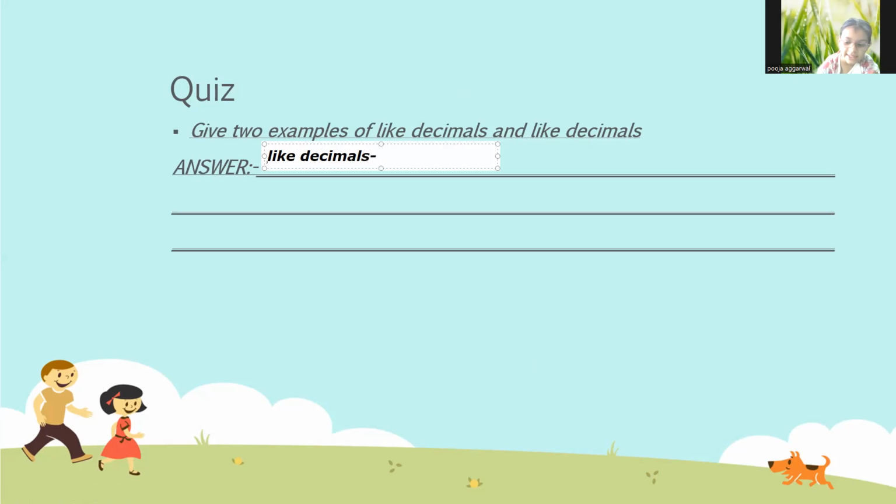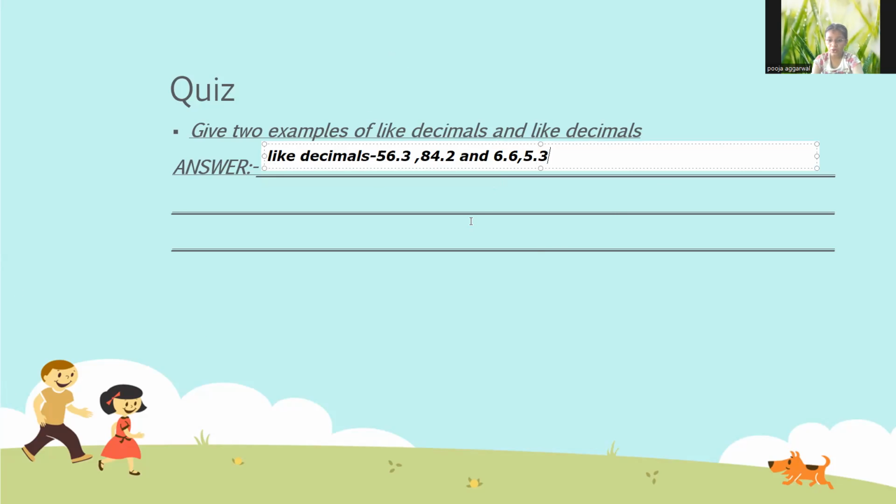These are some examples of like decimals: 56.3, 56.3 and 18.4, and 6.6, 6.6 and 56.3.